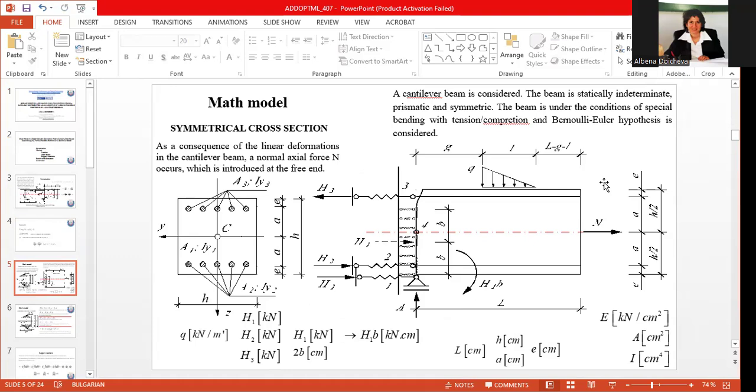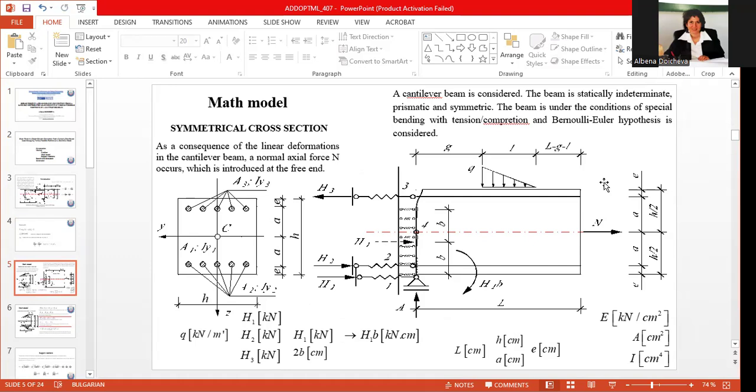Now we made a math model. A cantilever beam is considered. The beam is statically indeterminate, prismatic and symmetric. The beam is under the condition of special bending with tension-compression, and the Bernoulli-Euler hypothesis is considered.